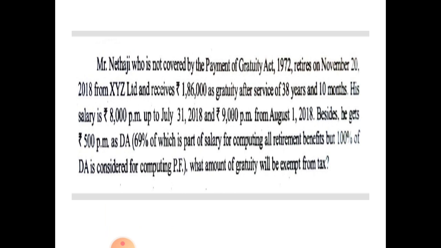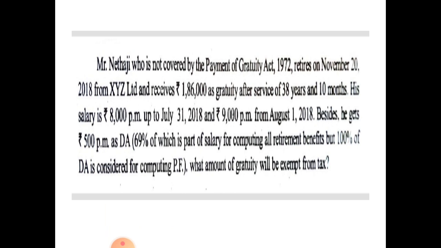See this problem. Mr. Netaji, who is not covered by the Payment of Gratuity Act of 1972, retires on November 20, 2019, from XYZ Limited and receives rupees 1,86,000 as gratuity after service of 38 years 10 months.